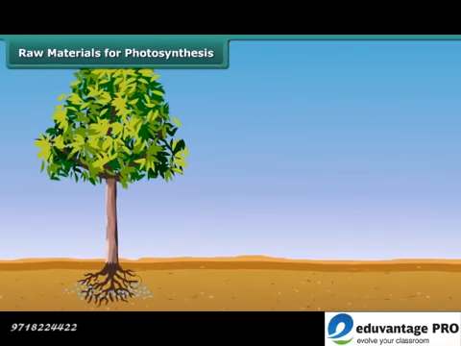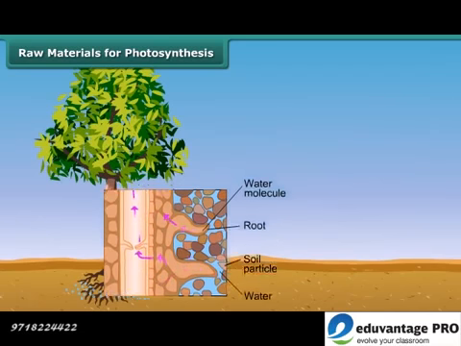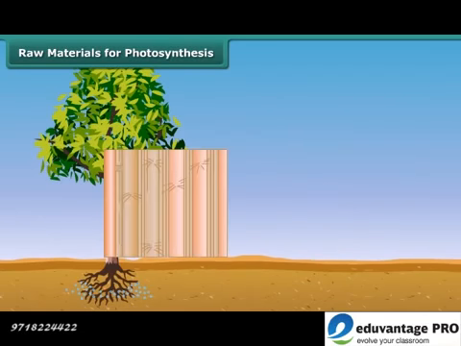Water and dissolved minerals are absorbed directly from the soil through roots and sent to the leaves by means of many small vessels present in the stem. These vessels run throughout the root, the stem, the branches, and the leaves. They form a continuous path or passage for water and minerals to reach the leaf.